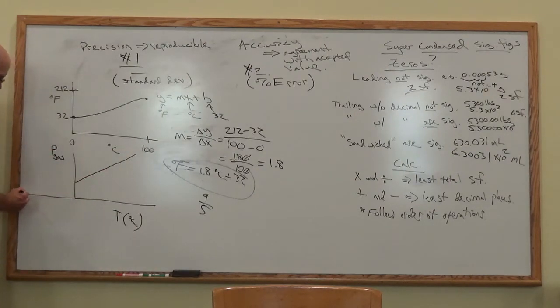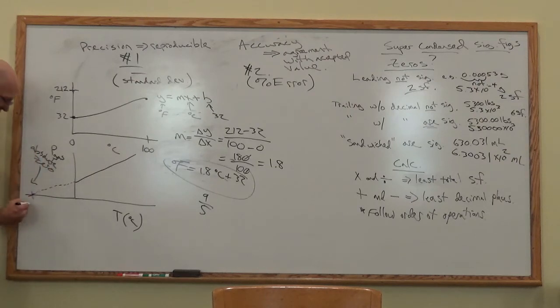Well, we measure that in Celsius. Pressure is a measure of molecular motion. If we extrapolate this down here, that in principle would be the temperature where no molecular motion takes place. It goes down to zero, zero pressure. That is called absolute zero.